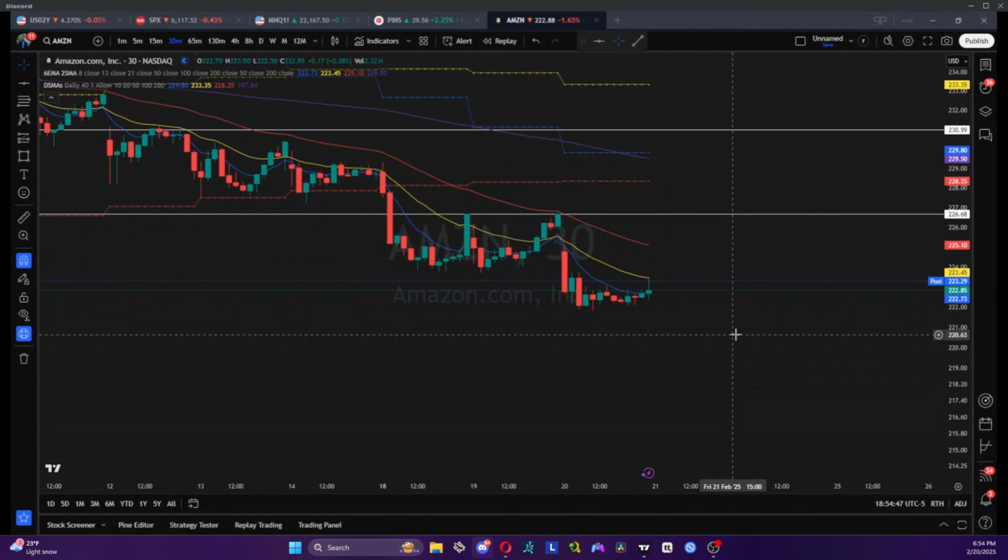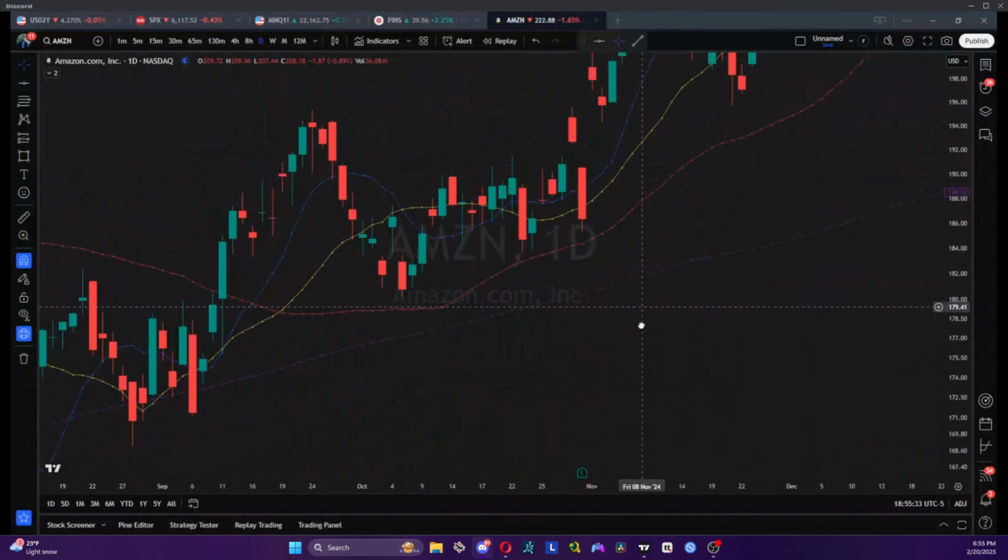However, for continuation trades on a bigger perspective, I will use SMAs on the daily. I will see if I want to take a swing trade, right? The first thing I'm going to do is come see, okay, am I on the verge of having one of these? That's a 10-20 cross, right?